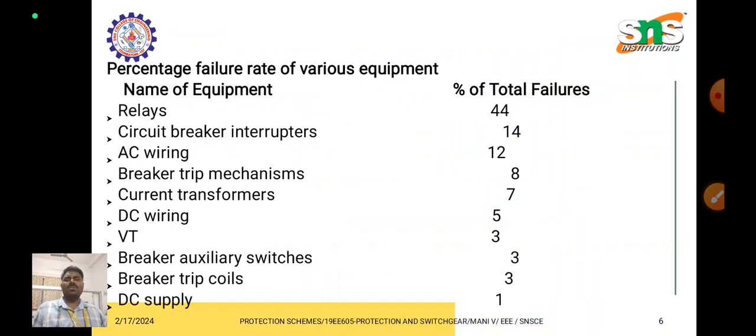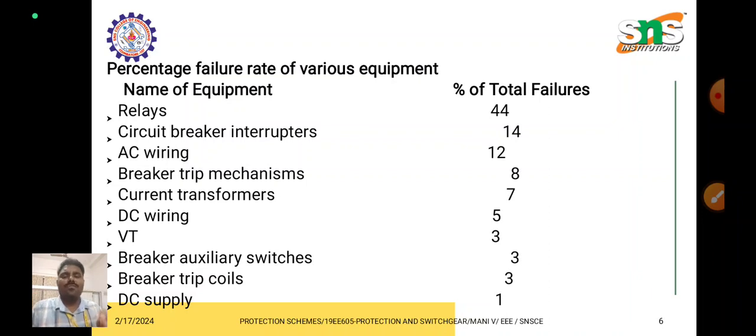Here is the percentage failure rate of various components. The major faults occur in the relay. The relay is used to sense and detect the fault, and it gives the information to the circuit breaker about where the fault is located.